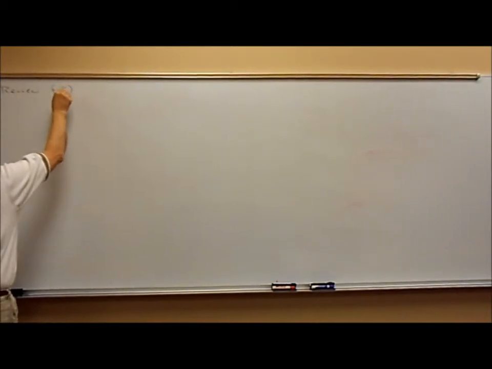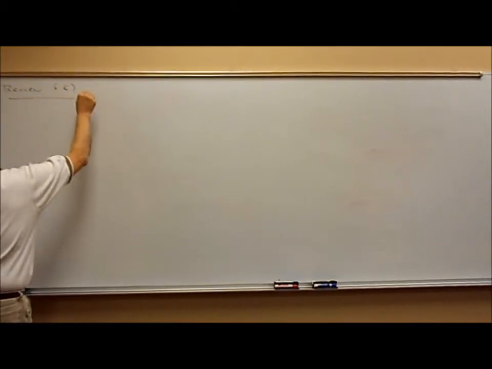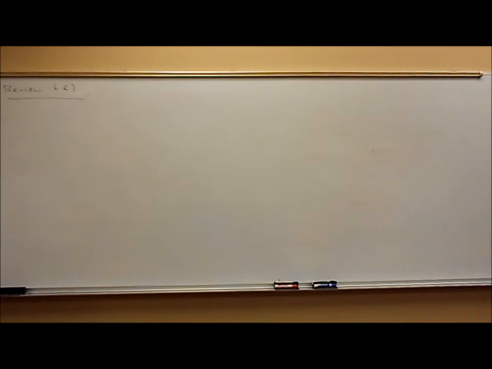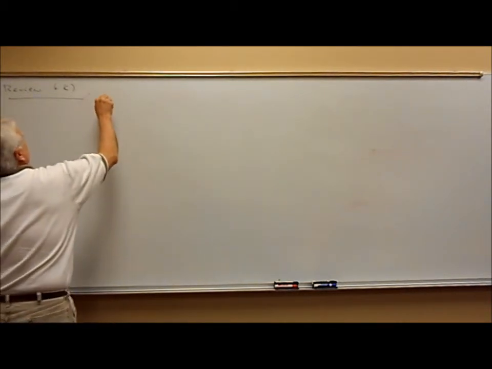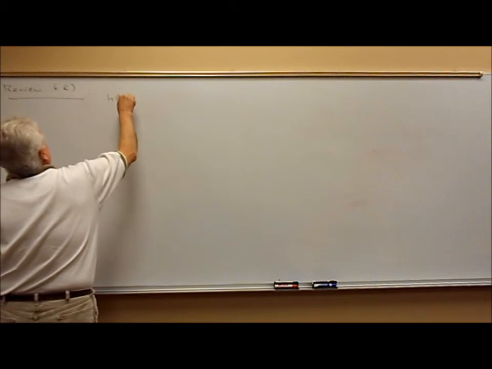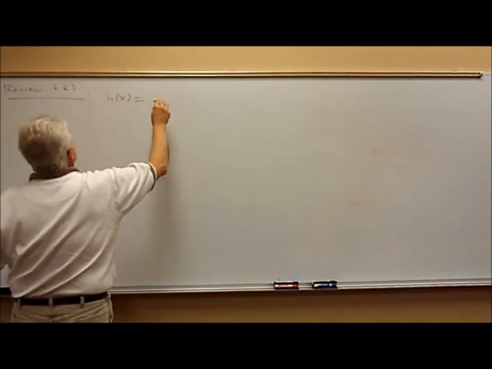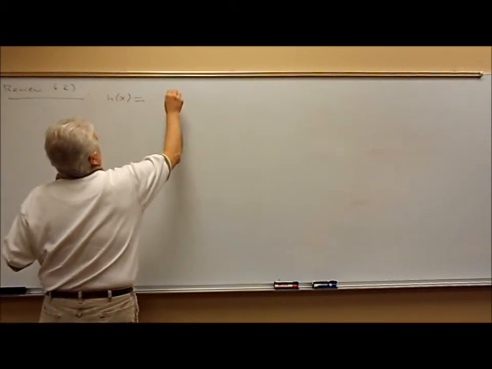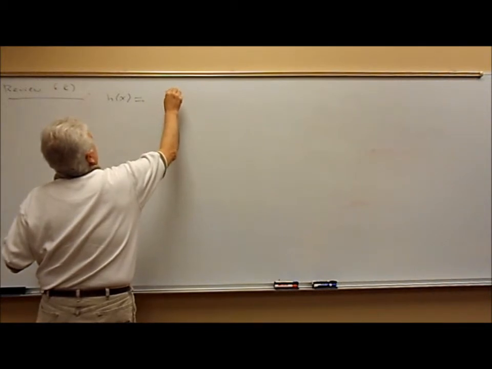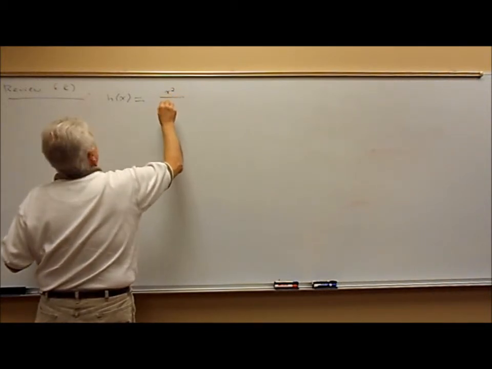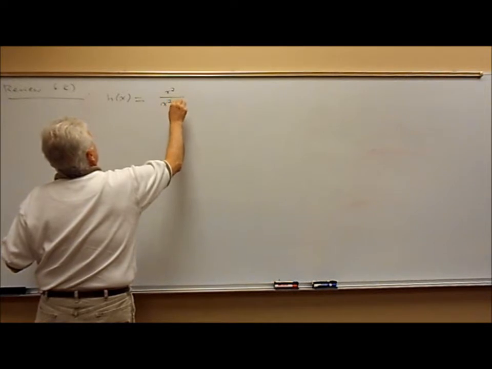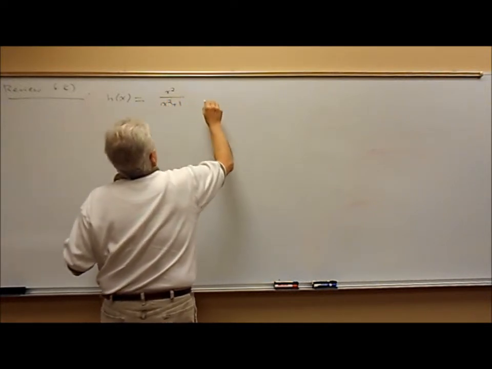Okay, so this is review problem 6C. You're given this function h, defined by the formula x squared over x squared plus 1.